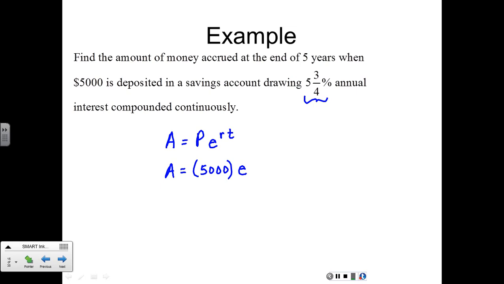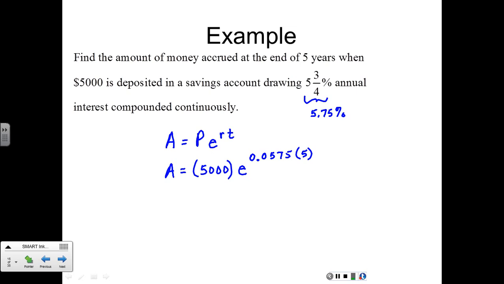So y'all know 5 3/4 is 5.75, right? Is that the same thing as 3/4, the same thing as 0.75? And so you move the decimal 2 places to the left on that. So it'd be 0.0575, your interest rate, times your time, which was how many years? 5 years.